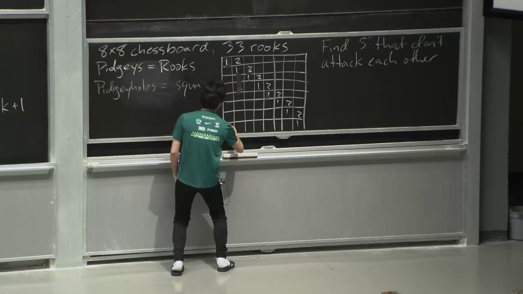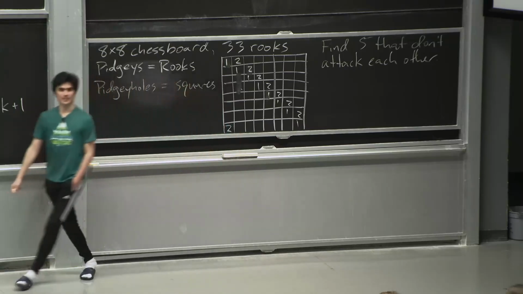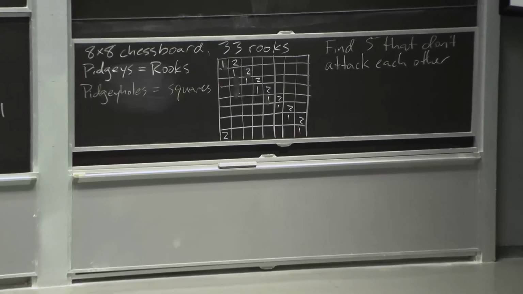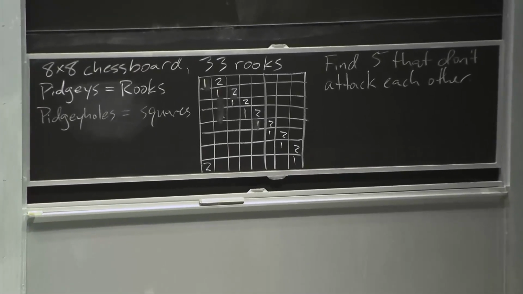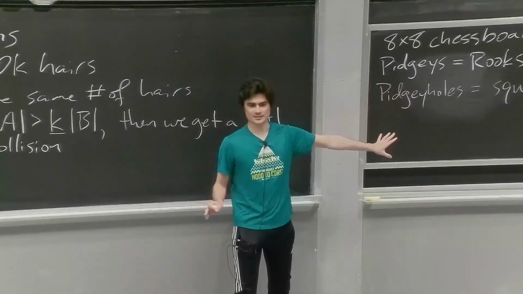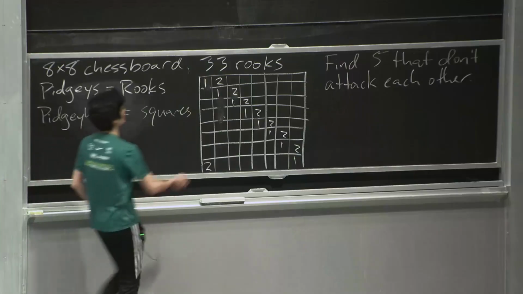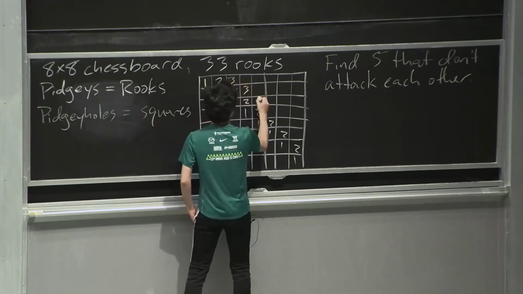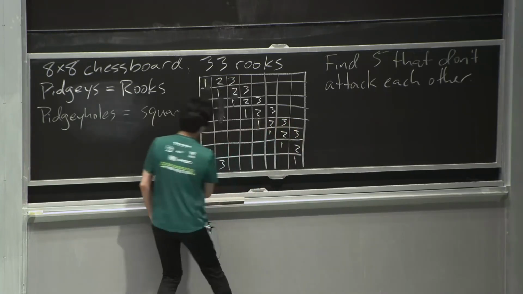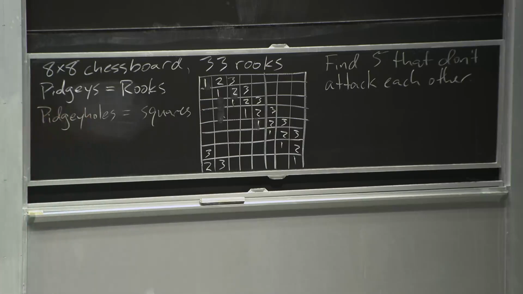But then we're also going to wrap around down here. So once again, we've got 8 squares that are all in different rows and different columns. So if we get 5 on 2 squares, they also don't attack each other. And we can continue in this way. 3 goes along here, and then these 2 squares, etc.